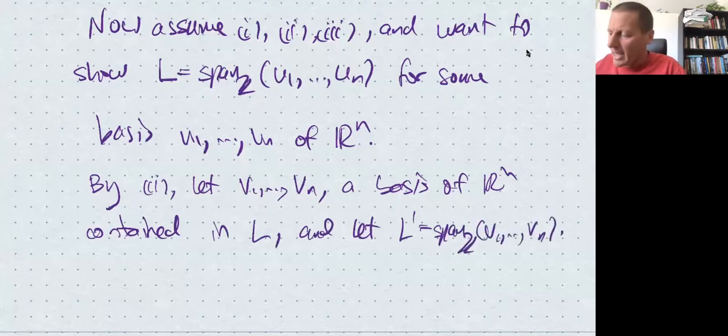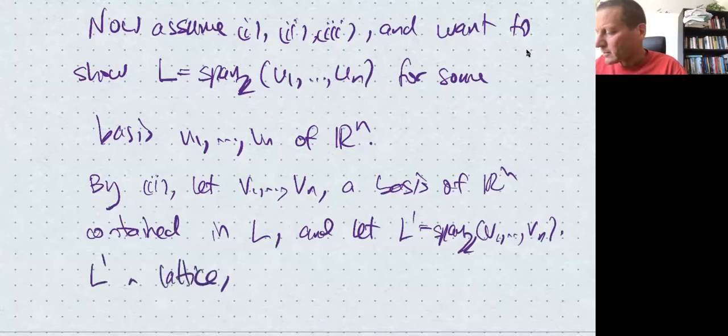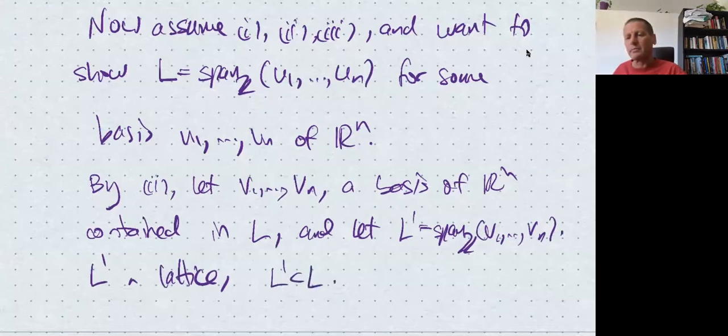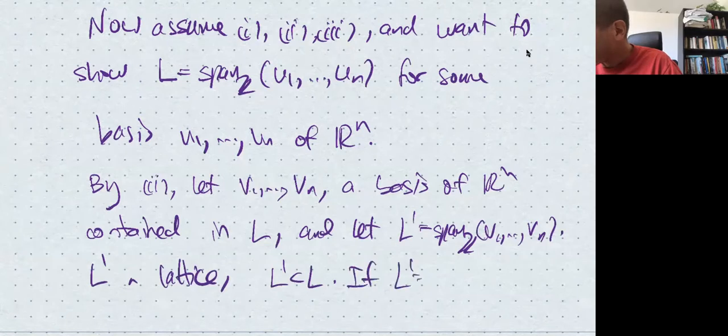So L prime is a lattice, and L prime is contained in L. And if L prime equals L, we're done.